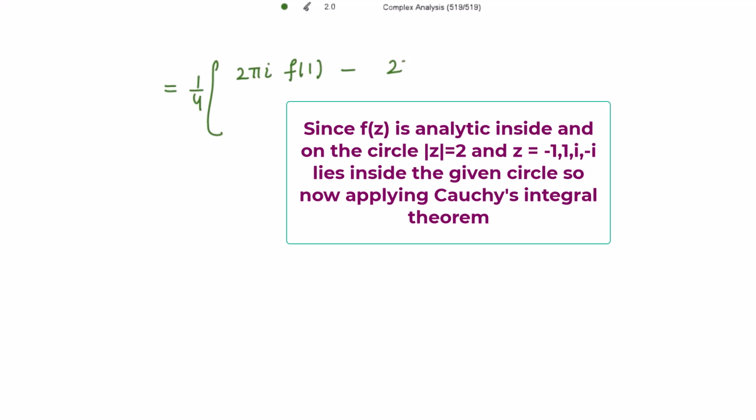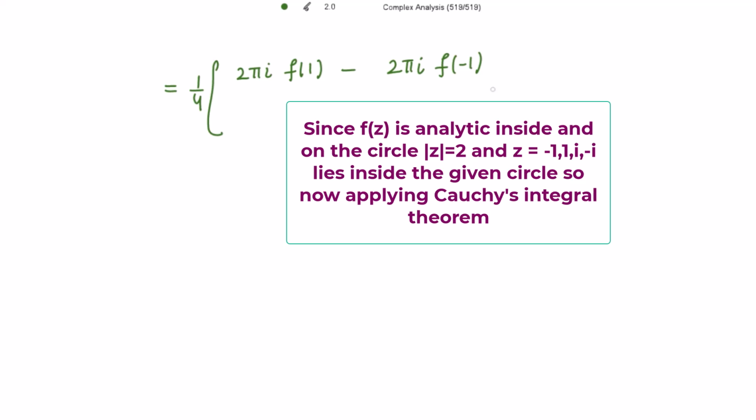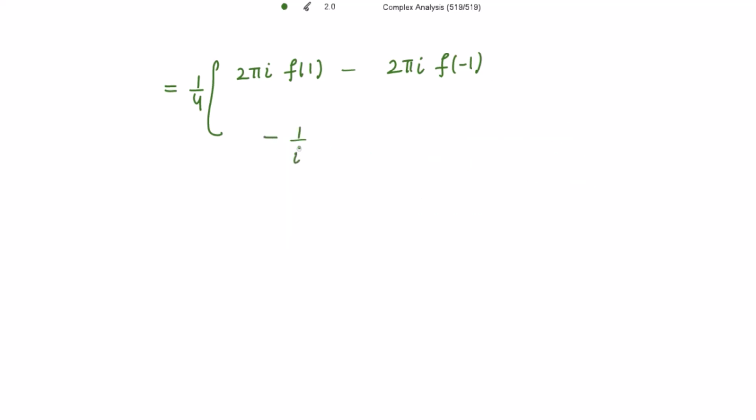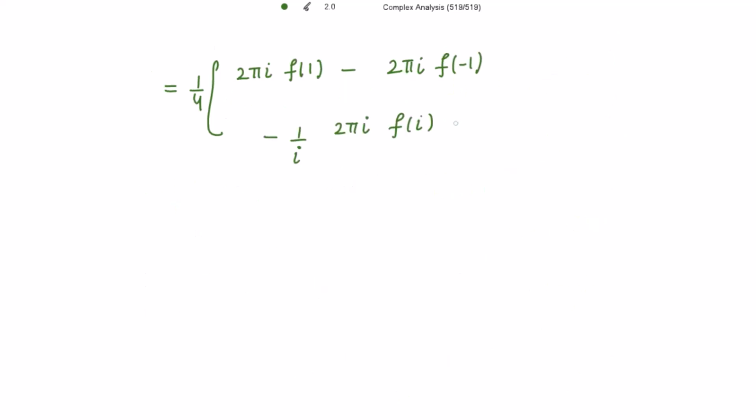So this is minus 2πι f(−1). Then minus 1 divided by ι. Applying Cauchy's integral formula for this point, what is the point here? z₀ is ι. So this is minus 1 divided by ι, 2πι f(ι). Plus, here z₀ is negative ι. So writing here plus 1 divided by ι, 2πι f(−ι).